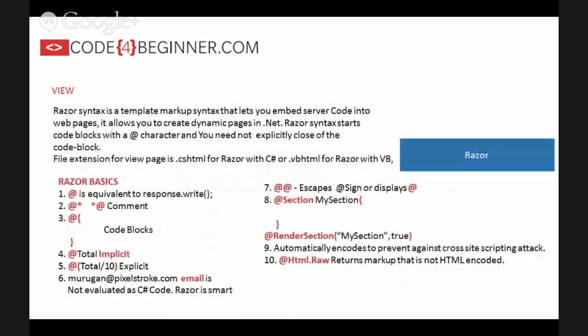Razor syntaxes, we have discussed this earlier. Some of the basic syntax: @ is basically just equivalent to Response.Write. Razor is a template markup syntax that lets you embed server code into the web page. It allows you to create dynamic pages in .NET. Then we talked about HTML helpers, and we said that HTML helpers are not necessary.